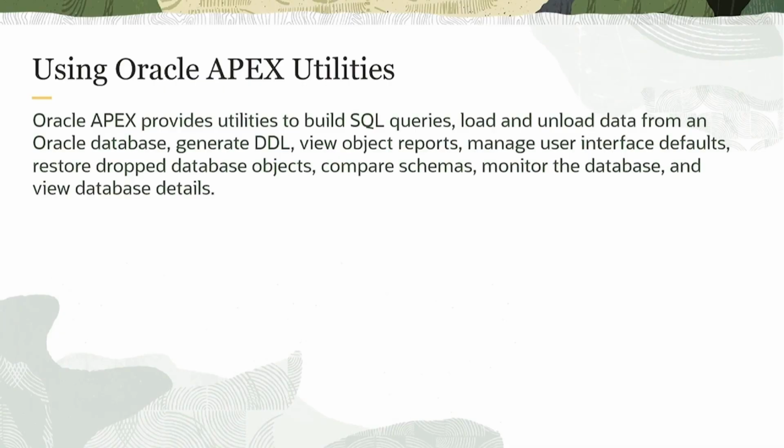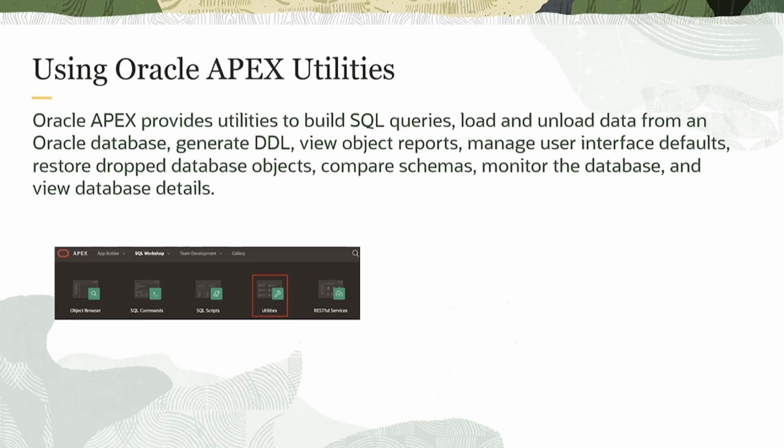Oracle Apex provides utilities to build SQL queries, load and unload data from an Oracle database, generate DDL, view object reports, manage user interface defaults, restore dropped database objects, compare schemas, monitor the database, and view database details.